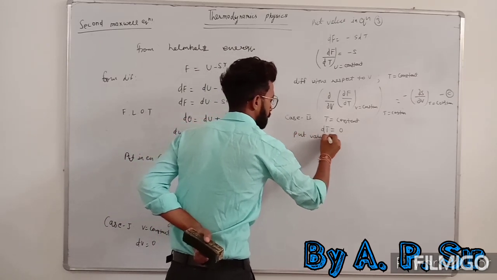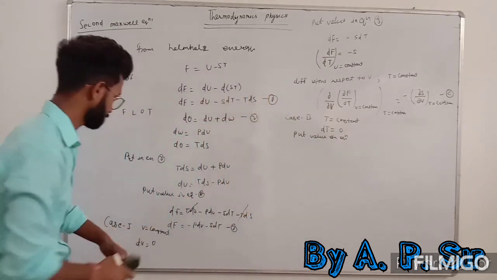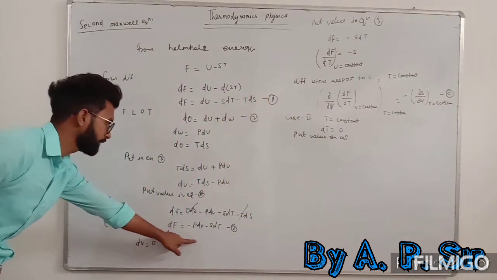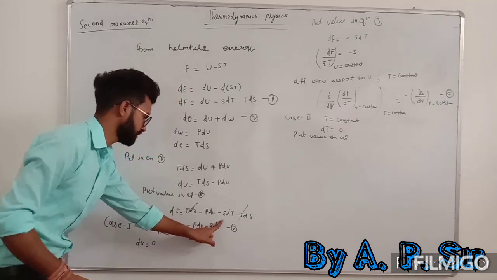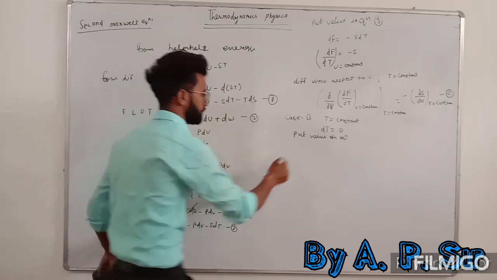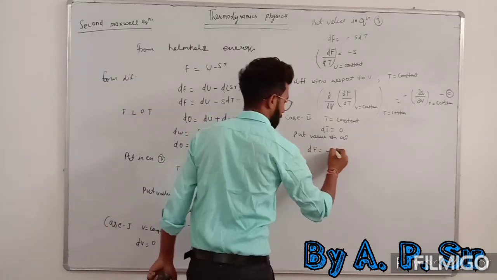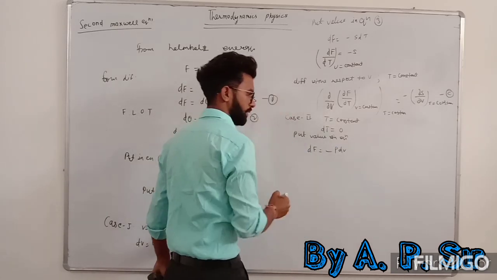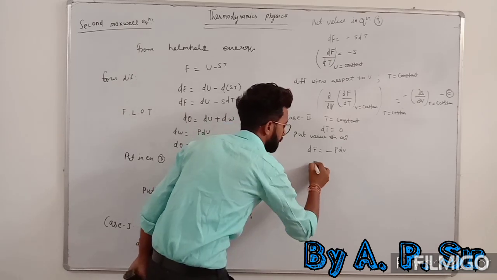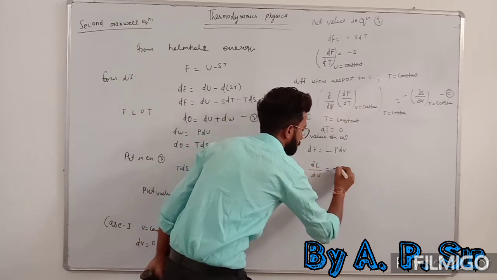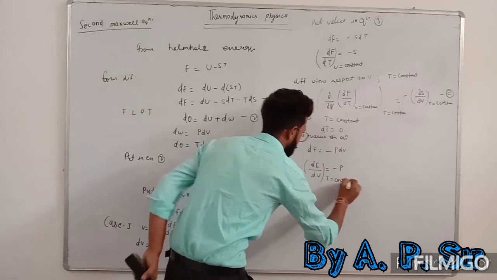Put the value in equation third. dT is 0, then this term is 0. dF equals minus PdV. Then dF upon dV is equal to minus P, there T equals constant.